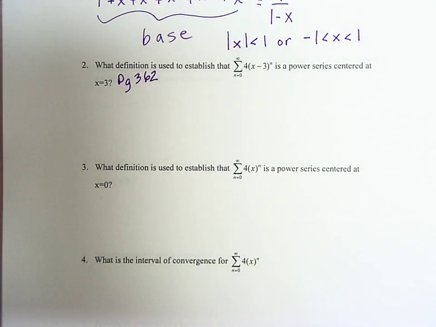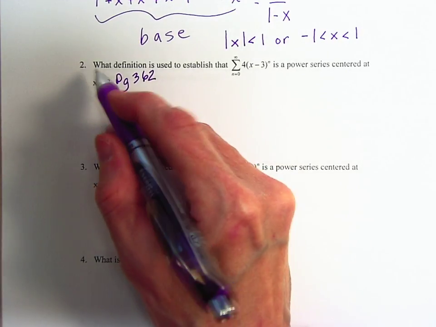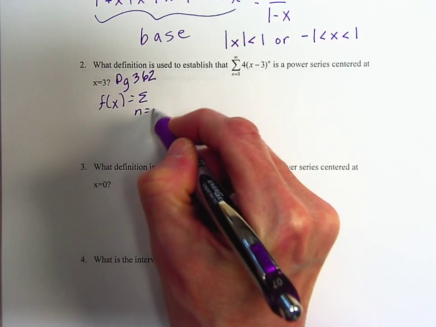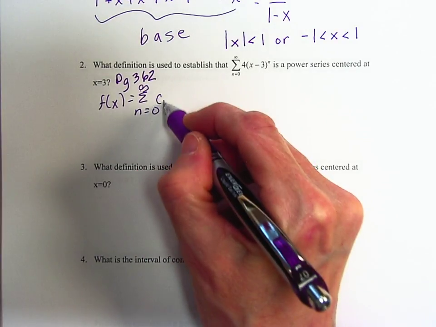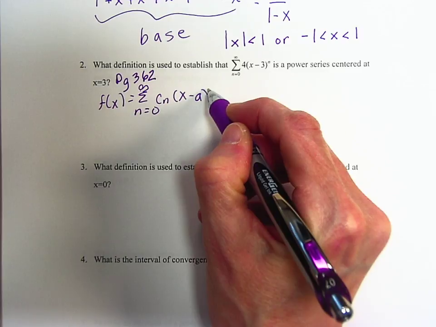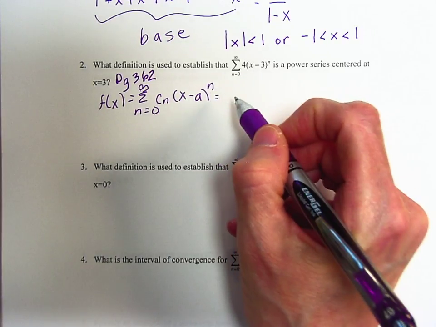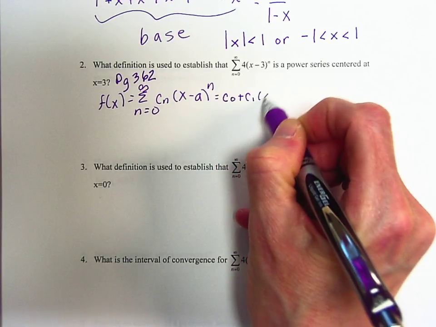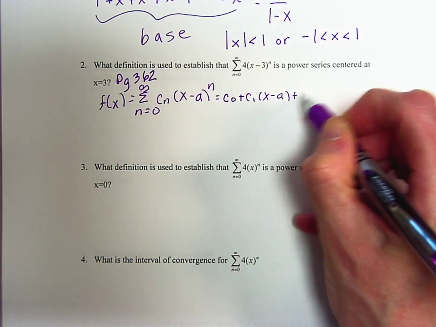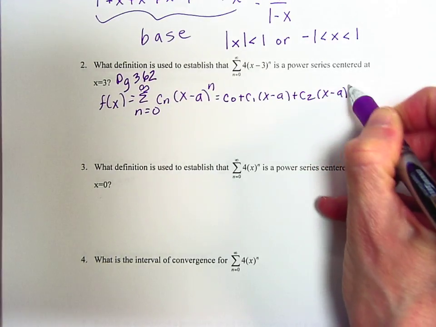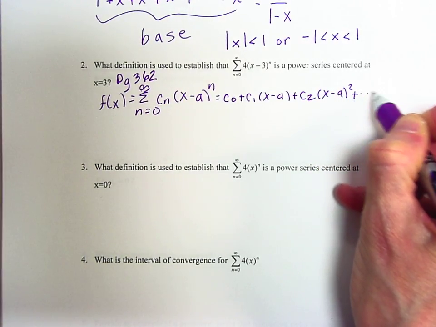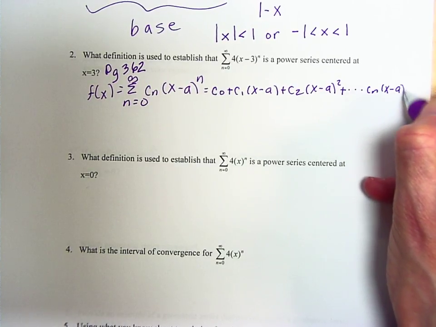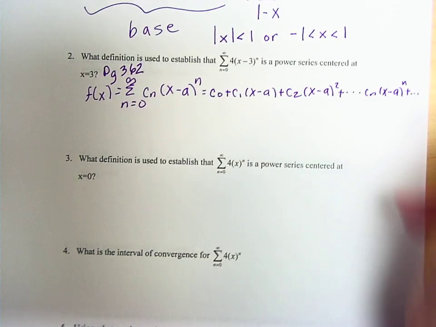So I find that this is equal to f of x is equal to the summation n equals 0 to infinity c sub n x minus a to the n power. And if I wrote it out term by term, that would be c sub 0 plus c sub 1 x minus a plus c sub 2 x minus a squared plus dot dot dot c sub n x minus a to the n plus dot dot dot.